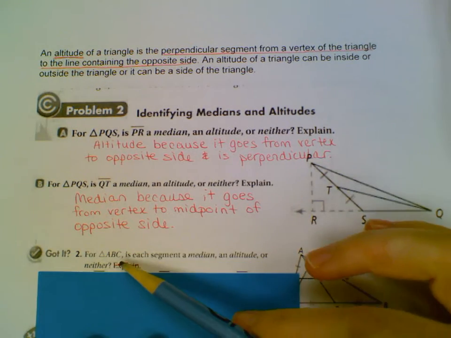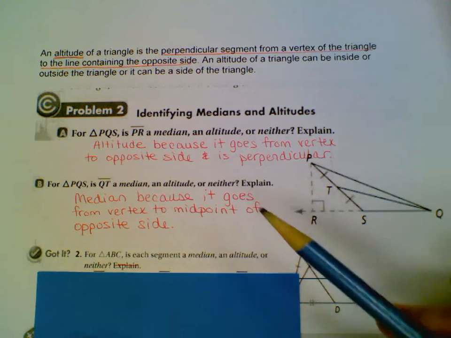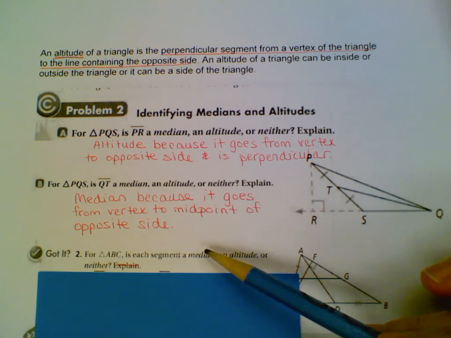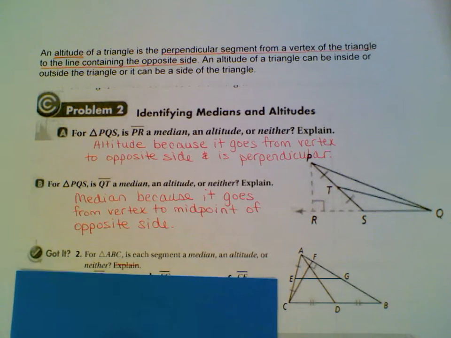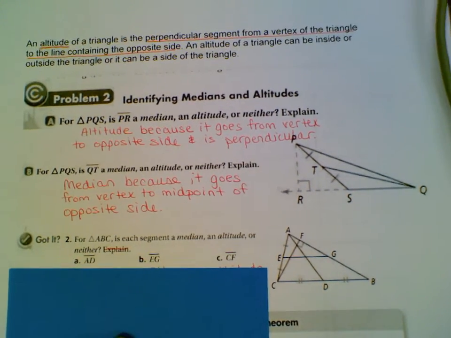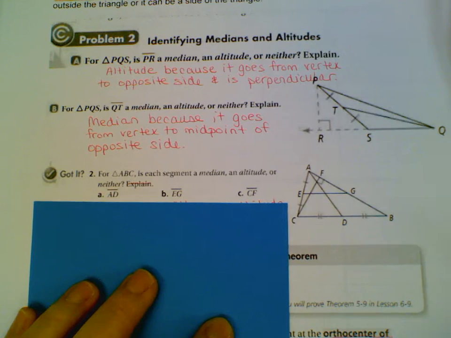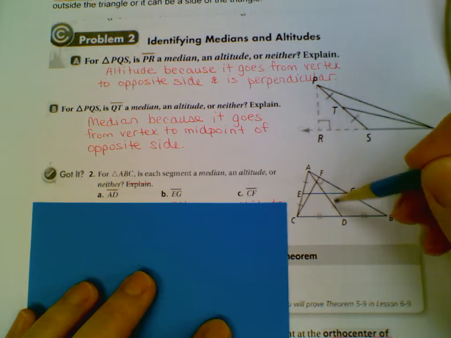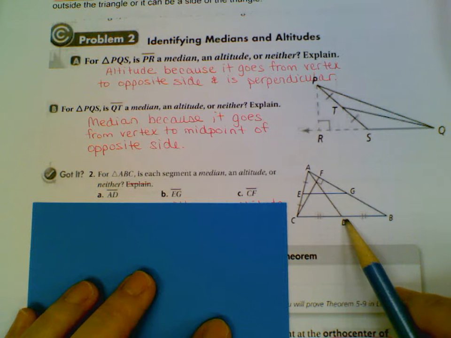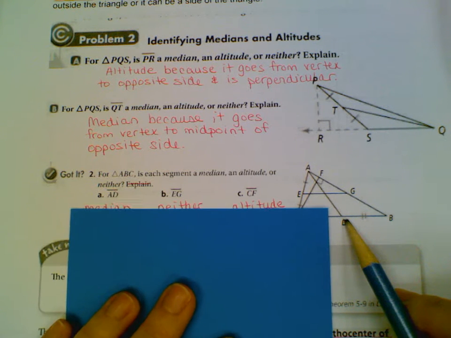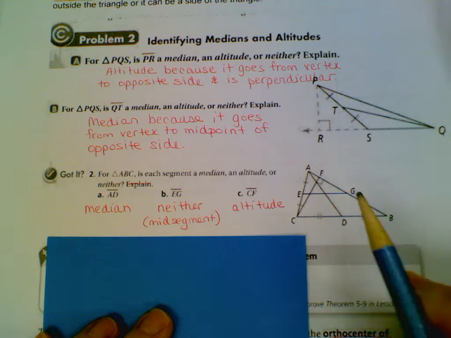Within the got it question, you do not have to explain since we took care of that up here. I just want you to identify which of those three it would be. For the first one, you have AD. I see that it cuts it into two congruent pieces, so that means this is a midpoint. Therefore AD has to be a median.